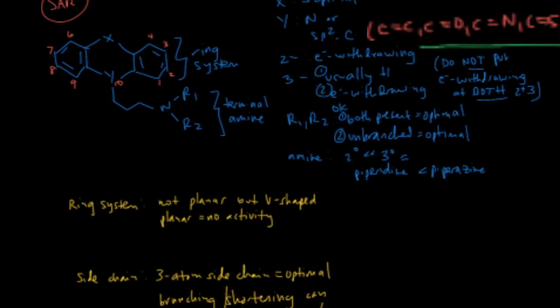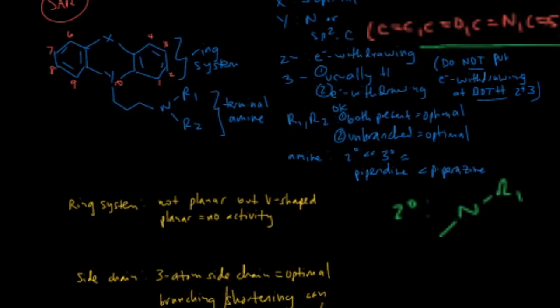A secondary amine is an amine with only 2 groups attached. So over here, I'm just drawing this carbon attachment, and you only have one R1 group.